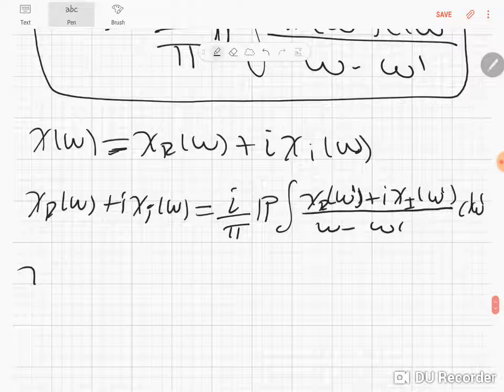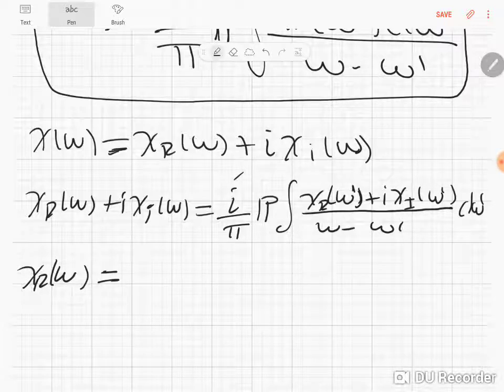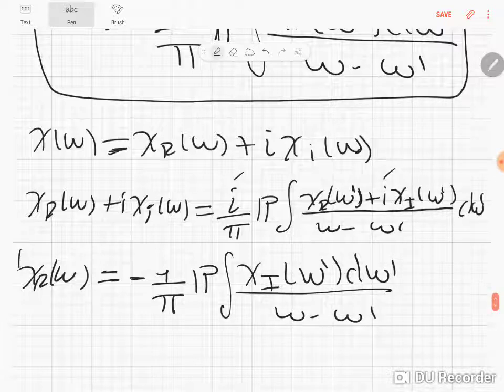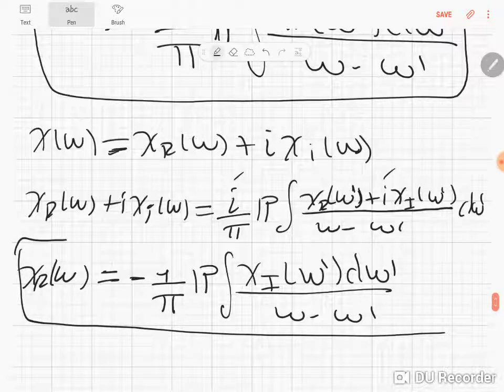Chi real of omega is equal to what? This i here times this i here gives me a minus 1. So then I have minus 1 divided by pi, principal value of the integral of chi imaginary of omega prime, d omega prime, divided by omega minus omega prime. This is the first Kramers-Kronig relation.